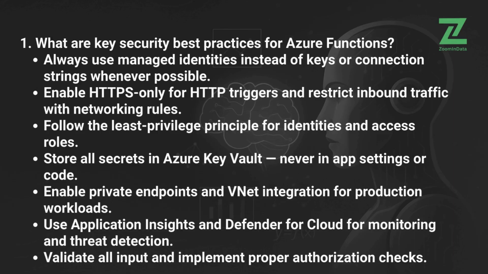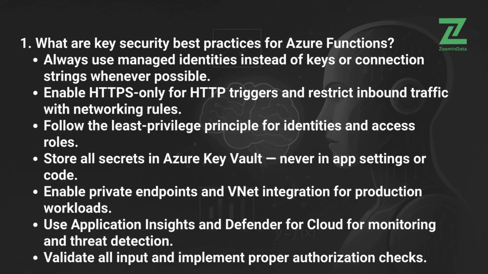What are key security best practices for Azure Functions? Always use managed identities instead of keys or connection strings whenever possible. Enable HTTPS only for HTTP triggers and restrict inbound traffic with networking rules. Follow the least privilege principle for identities and access roles.